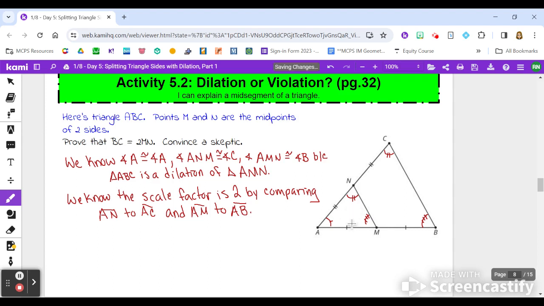Therefore, if we're applying a scale factor of 2, in order to find the length of BC, we're going to compare the last side of our bigger triangle to the last side of our original triangle.